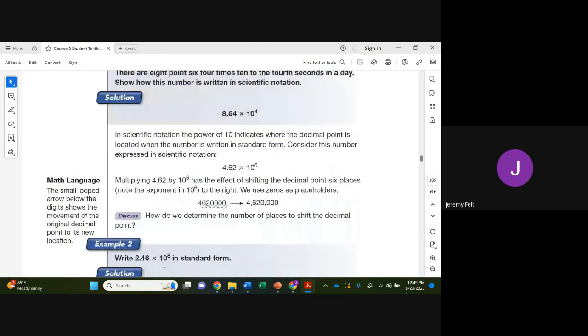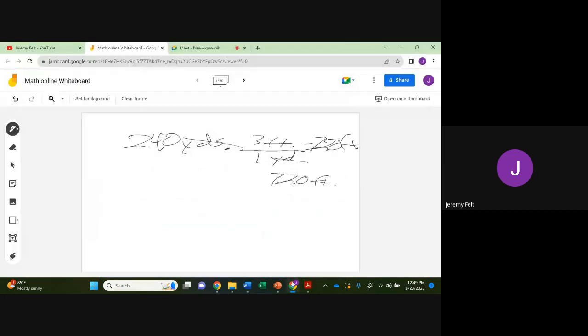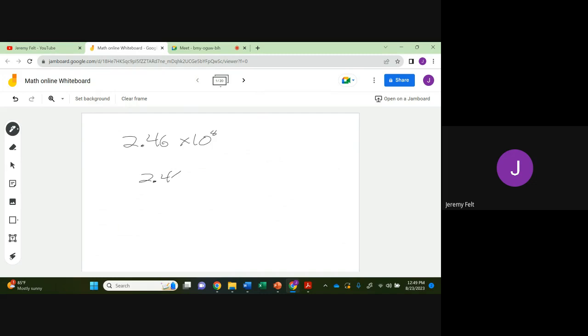So if we're working with this and we want to write it in standard form, 2.46 times 10 to the power of 8. What I do is I just rewrite my coefficient. Anytime you work, we want to show our work.